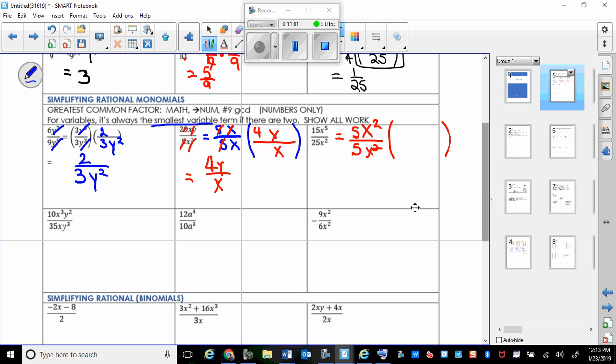So part by part, 15 divided by 5 is 3. X to the 5th divided by x squared, I'm left with x cubed. X squared divided by x squared just goes away. 25 divided by 5 is 5. So the simplified version is 3x cubed divided by 5.